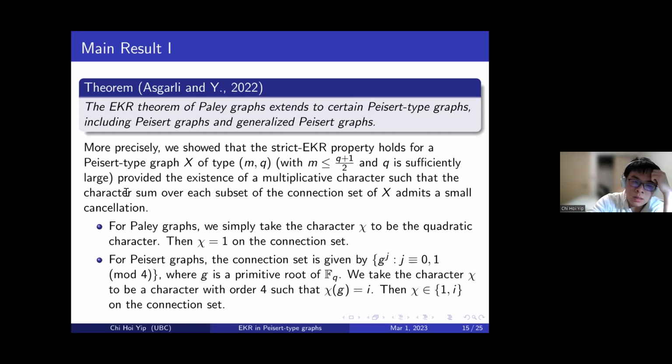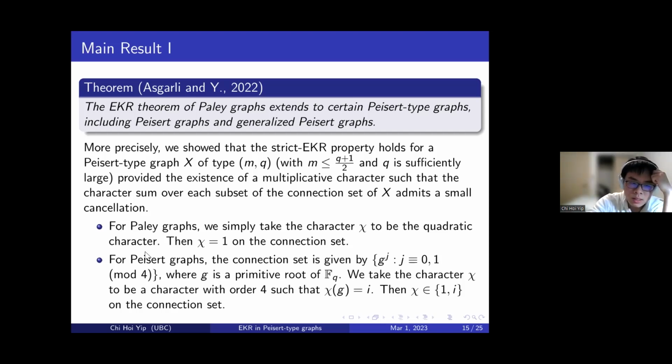So here, if we want to satisfy this condition, we are just summing a bunch of 1. So of course, there's no cancellation at all. So this condition is satisfied. So we can just use this result to give a different proof of the EKR theorem for Paley graph. So our proof is very, very different from Hourigan's original proof.